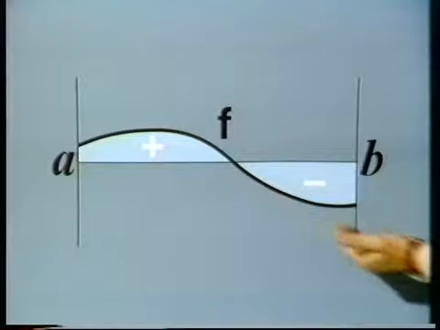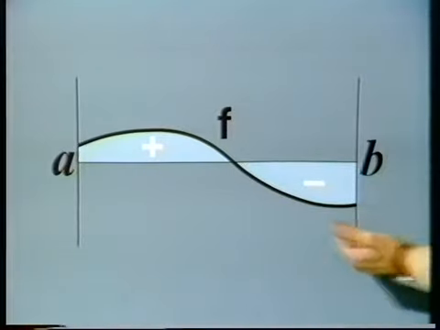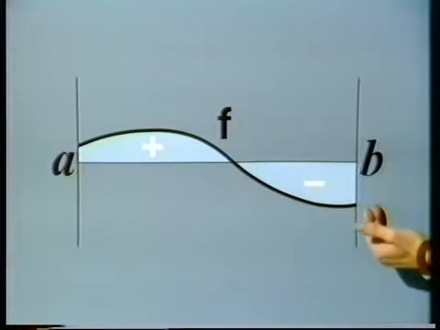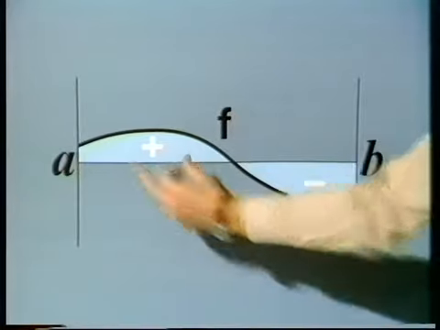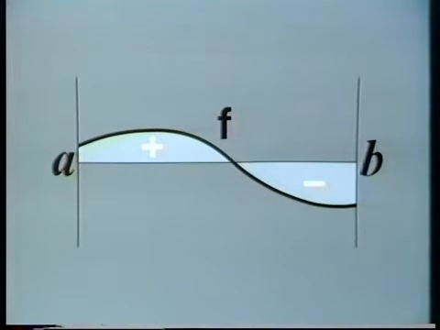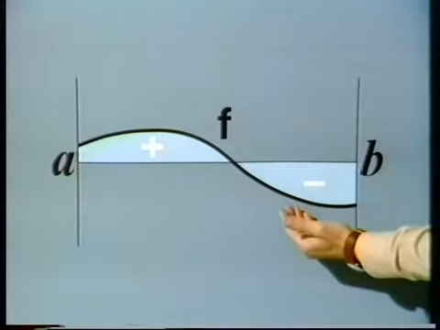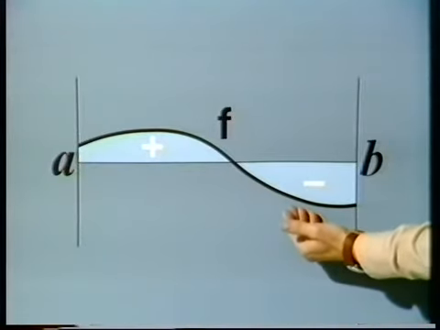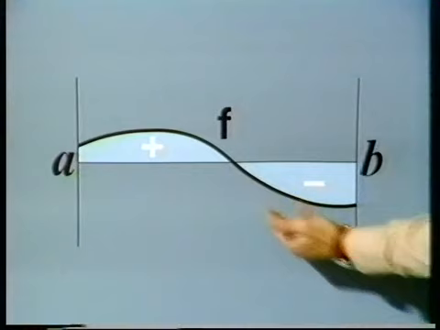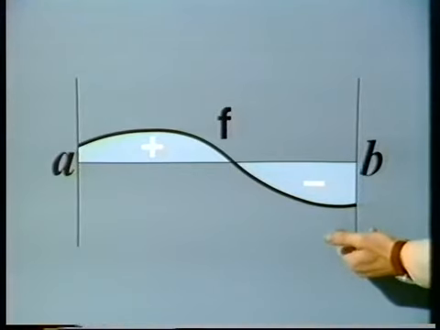This function has its graph dipping below the axis. And the region associated with the interval AB consists of a part above the axis and a part below. Well, now I have a slight problem as to how to interpret this region corresponding to the part below the axis, where the function f takes negative values.